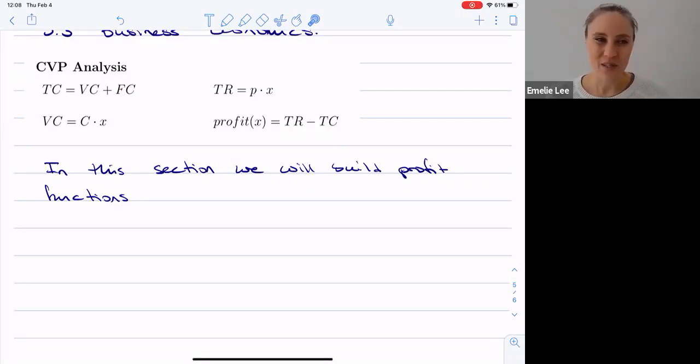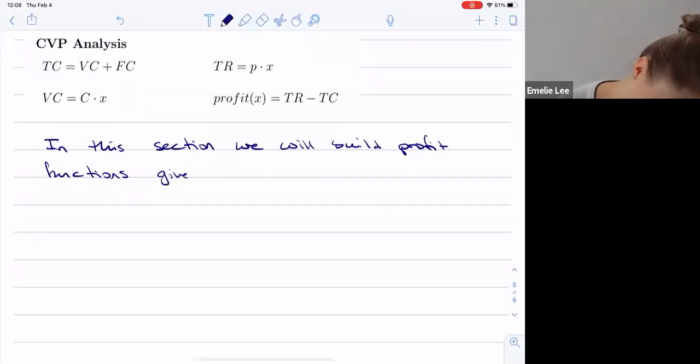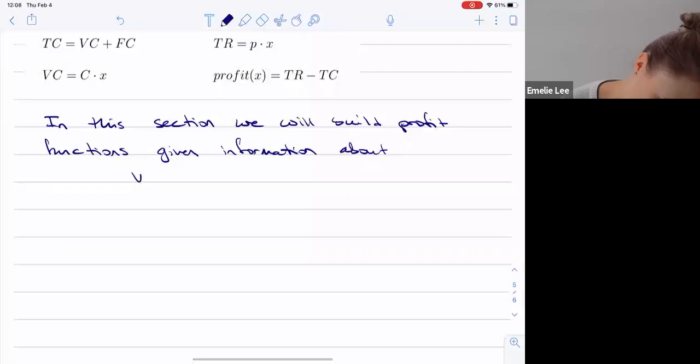All right. So in this section, we'll build profit functions given information about a scenario, given information about the variable costs.